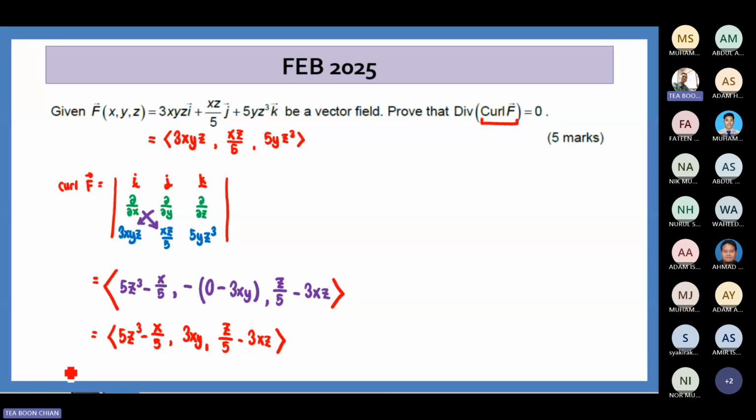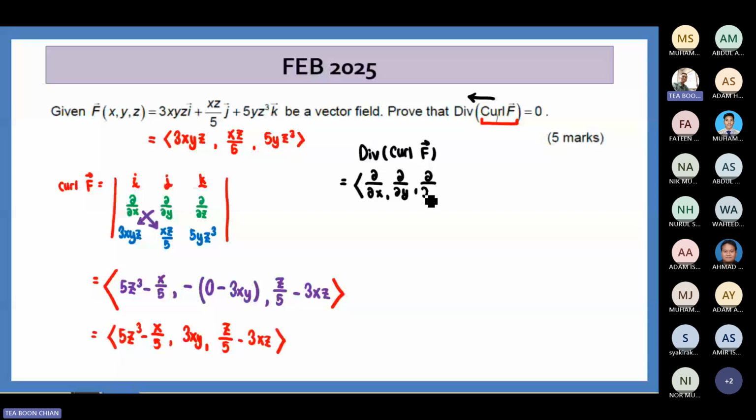Finally, shifting to the divergence of the curl of the vector f. This means that we differentiate with respect to x, y, and z.